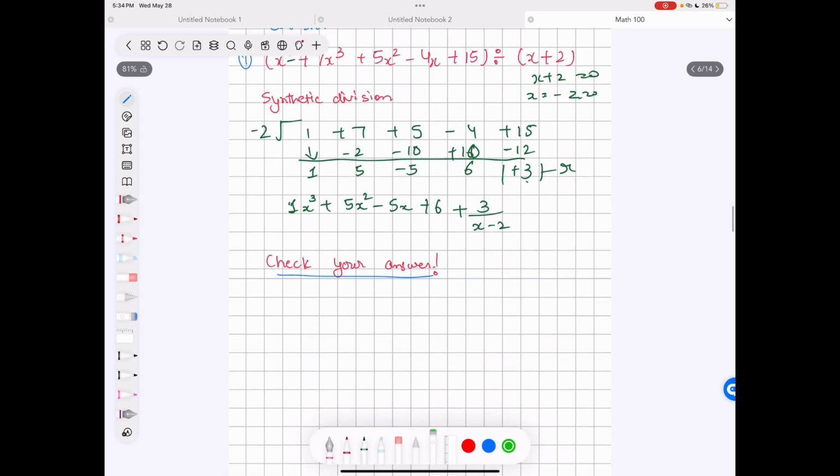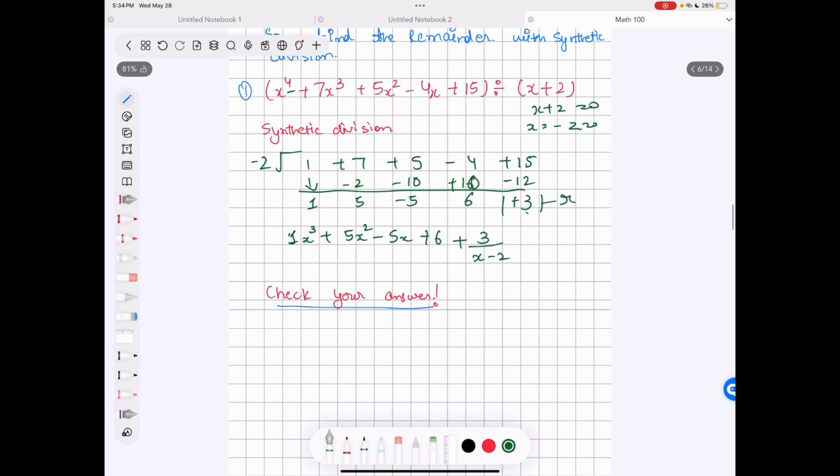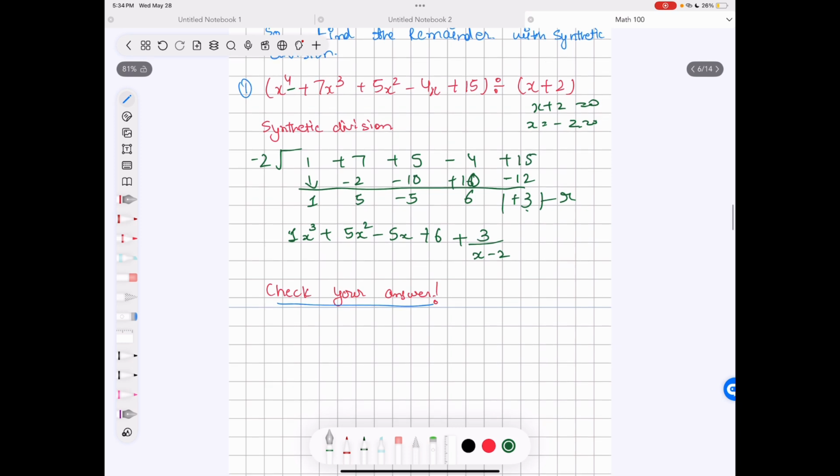So in order to do that, we did synthetic division, and now we're gonna check our answer. So I'm gonna write down the values here. It's gonna be x to the 4 plus 7x to the 3 plus 5x squared minus 4x plus 15.